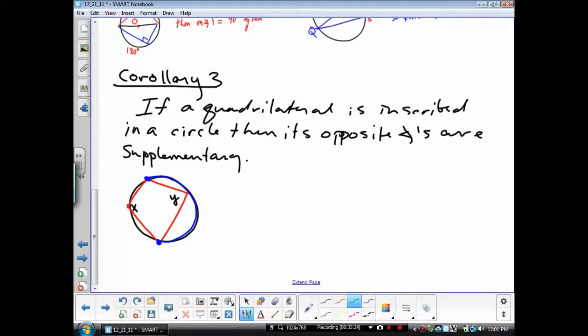What about angle Y? What arc does it intercept? The opposite one. Angle Y starts here and ends here just like X did, but it's intercepting that opposite arc.